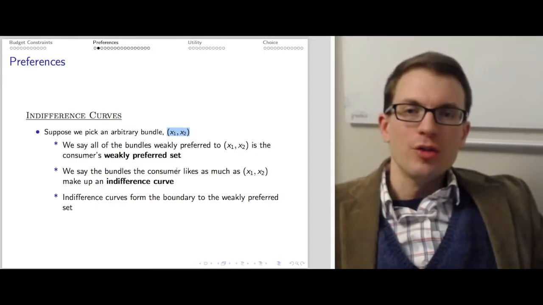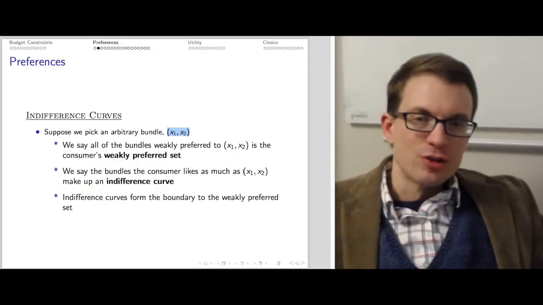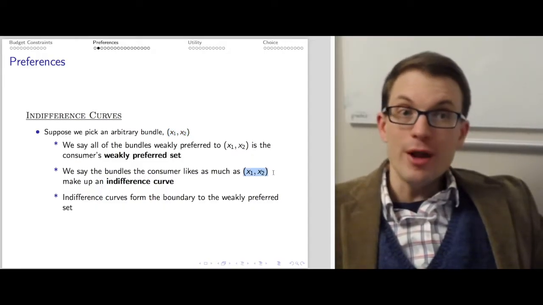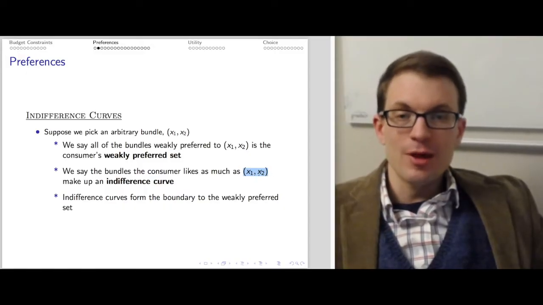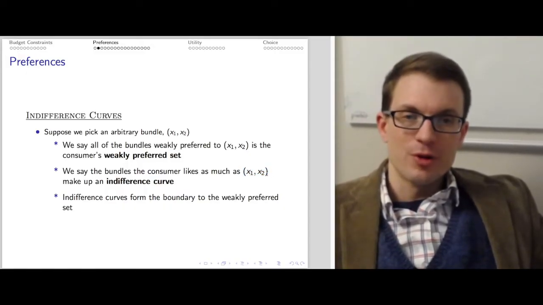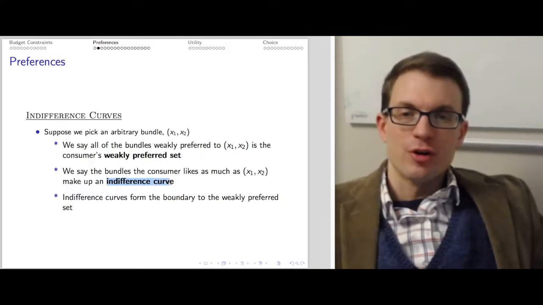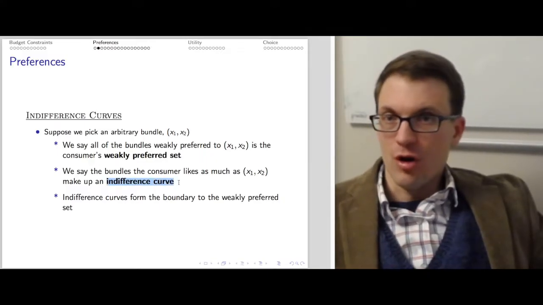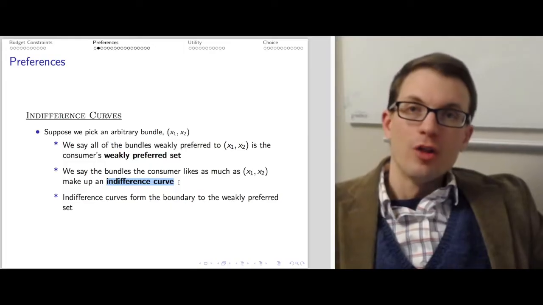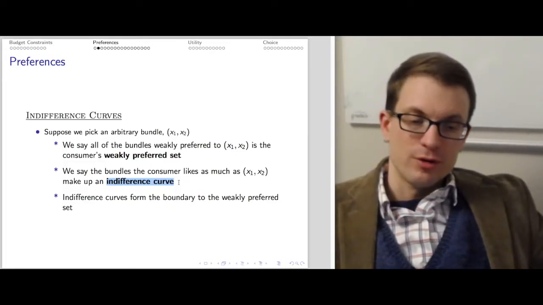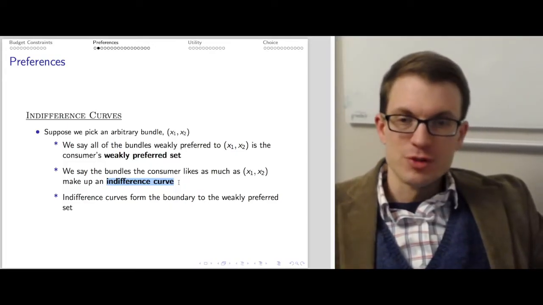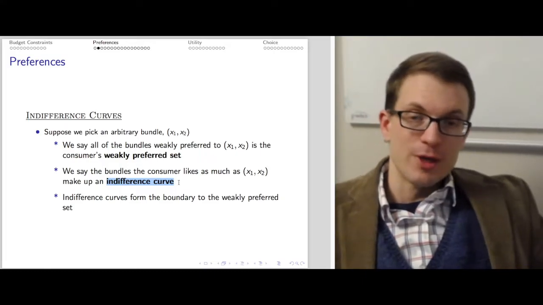Now, all the bundles the consumer likes as much as x1, x2, no better, no less, all the ones we like the same as this particular bundle, make up an indifference curve. So an indifference curve is going to be a line that collects all the bundles that the consumer can't tell the difference between in terms of how it makes them feel, in terms of their well-being.